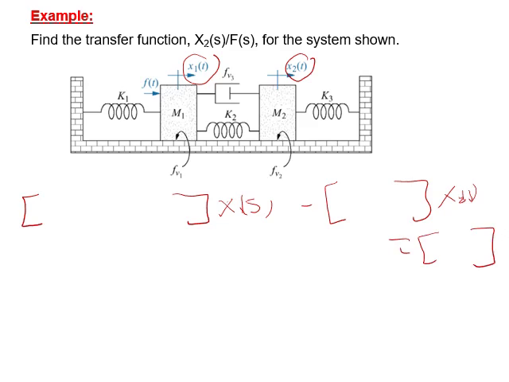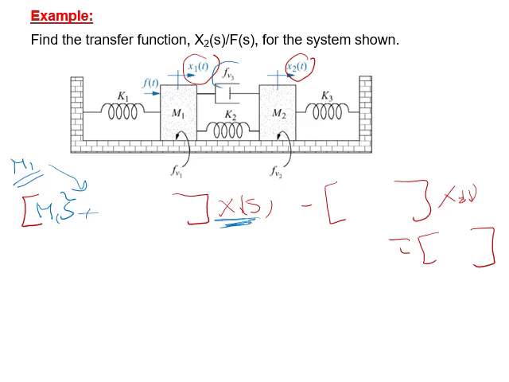What to write in the first element here? Notice that I am doing the equation at M1, or equation number 1. Equation number 1 will result in x1, which means the quantities here will be positive, and we are going to get all the impedances linked to x1, or caused by x1. So what are they? They are M1 s squared, in Laplace, plus what other elements?